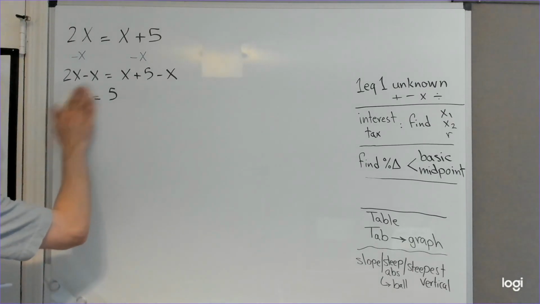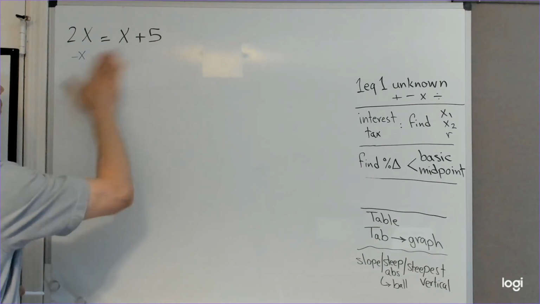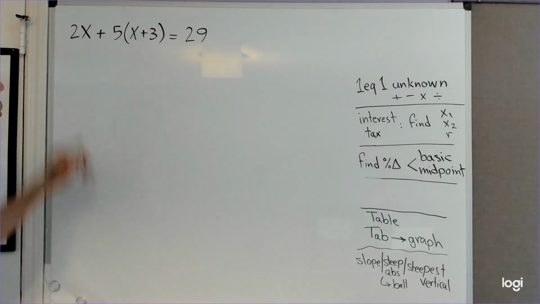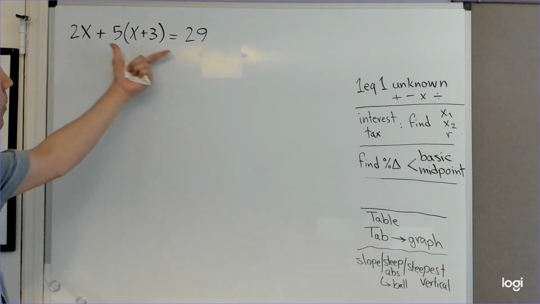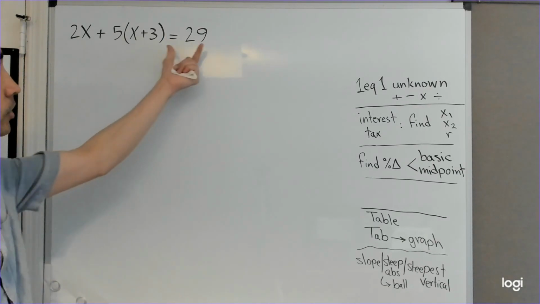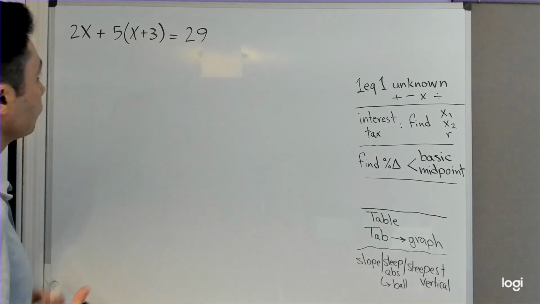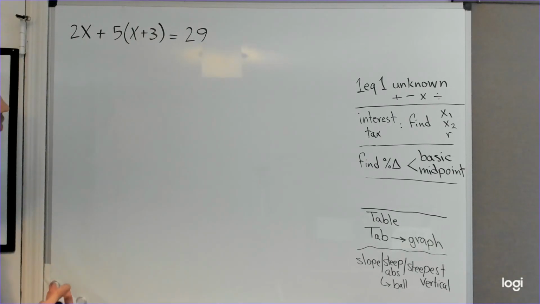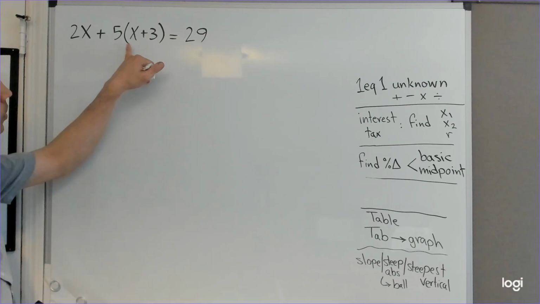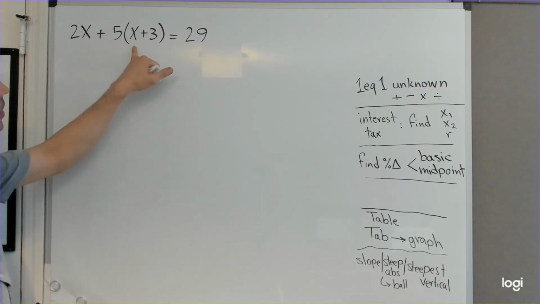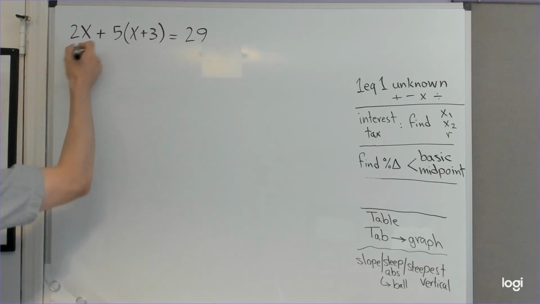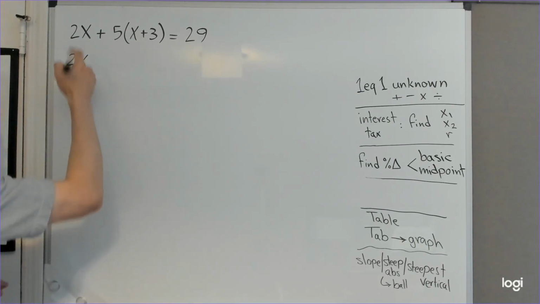So let's make it a tiny bit more complicated. 2x plus 5 times x plus 3 is 29. If you have something like this, the starting point usually is to distribute the value outside the parentheses inside. So I start by just repeating 2x, nothing to change here.